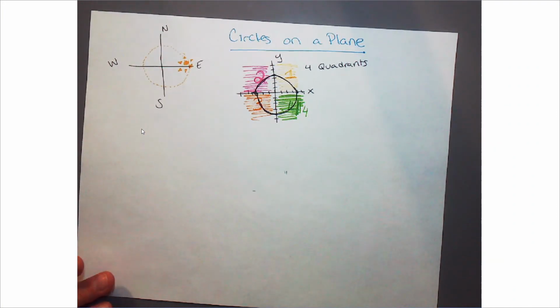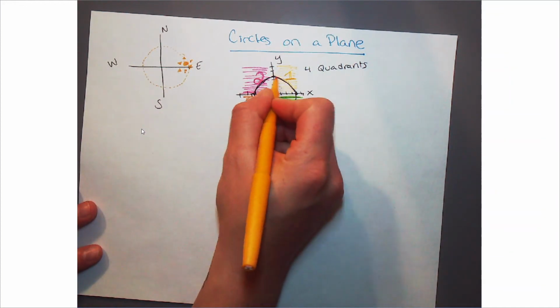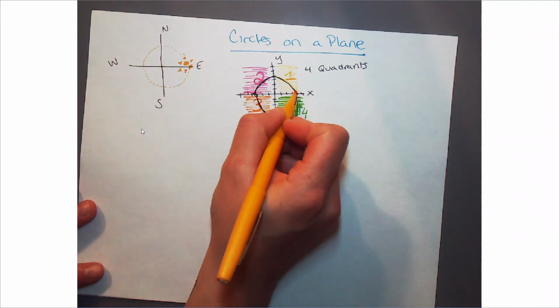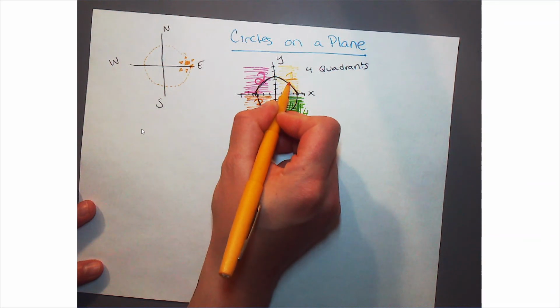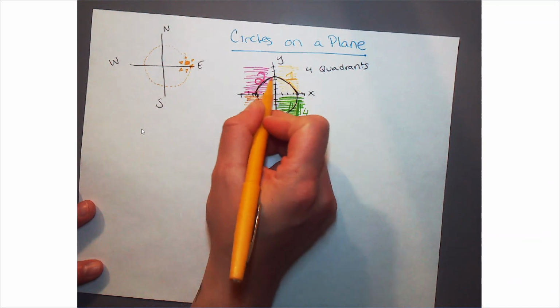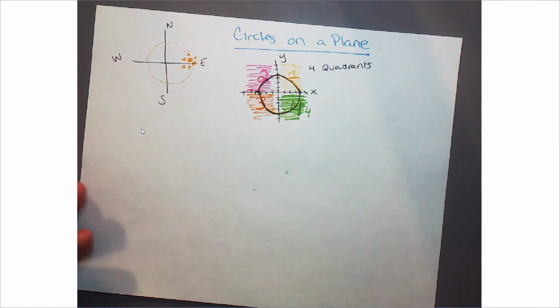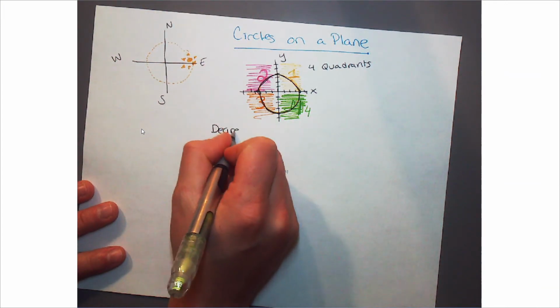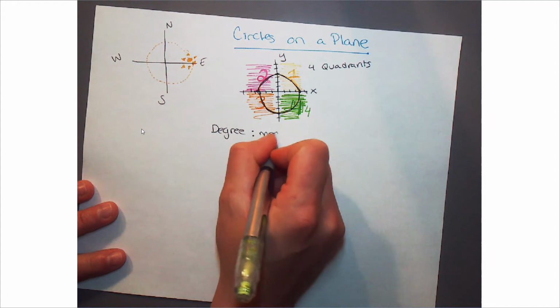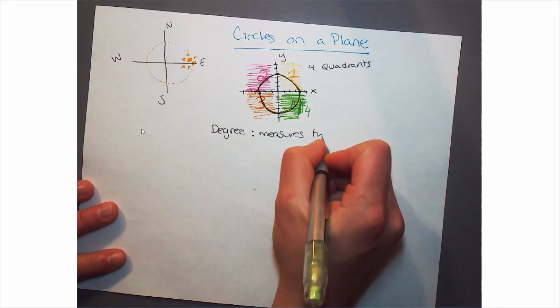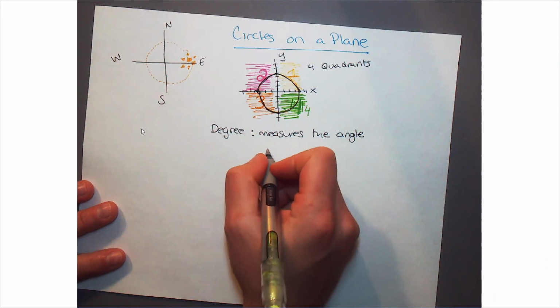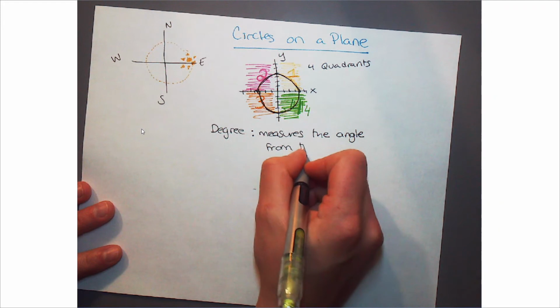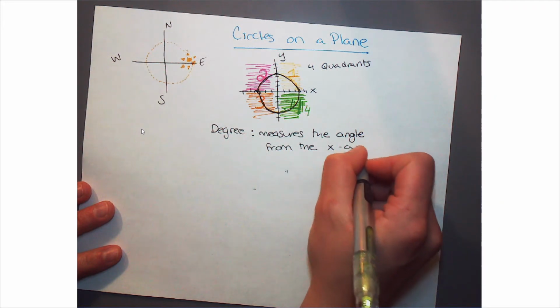As we move around, we need to be able to talk about how far we've traveled along the circle. I want you to literally imagine that you are the sun traveling along this trajectory, and we want to be able to say, stop right here. To describe how far we've traveled, we use the word degree. The degree measures the angle from the x-axis.